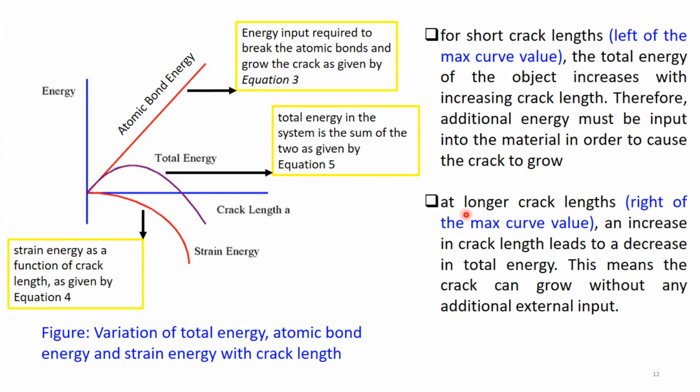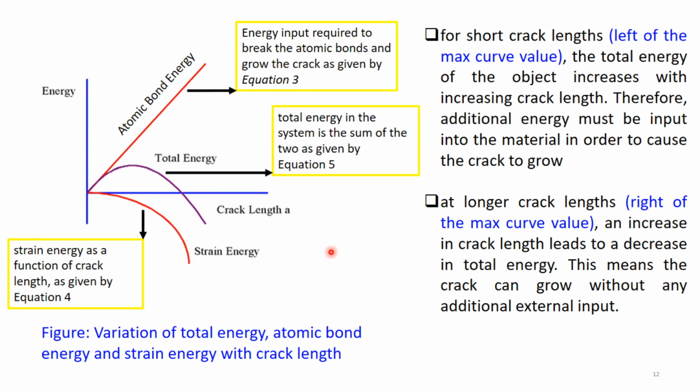What happens next? At longer crack lengths, right of the maximum curve value, so after the maximum curve value, in the right portion of the curve, an increase in the crack length leads to a decrease in total energy. You can see the decrease in total energy. This means that the crack can grow without any additional external input.